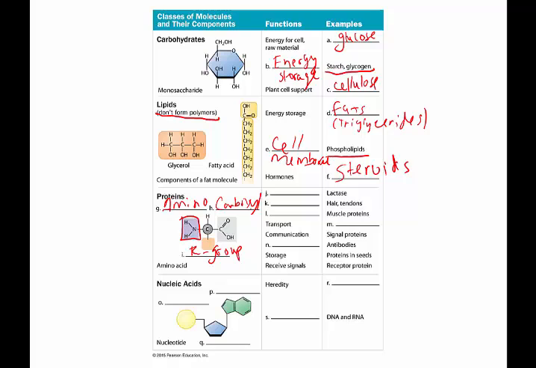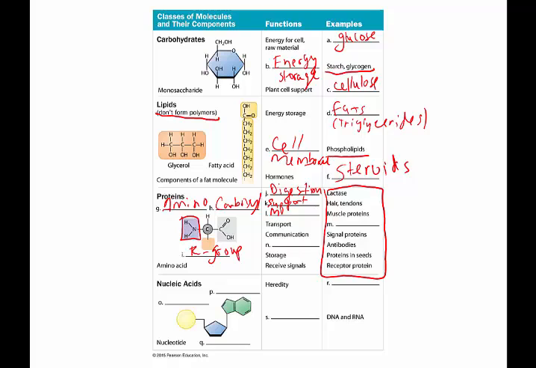And here they have a bunch of different examples of proteins. Something like lactase, that's for breaking down lactose. Lactose is, of course, the sugar you find in milk. So here we can say J would be something like digestion. Hair and tendons, that's more about support.